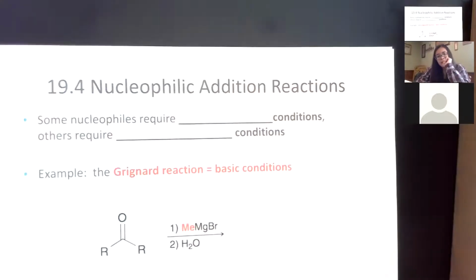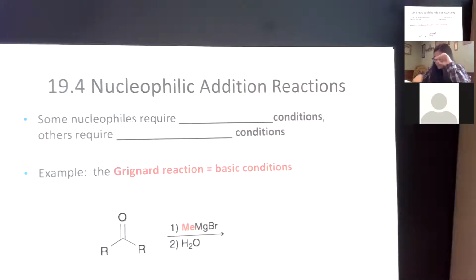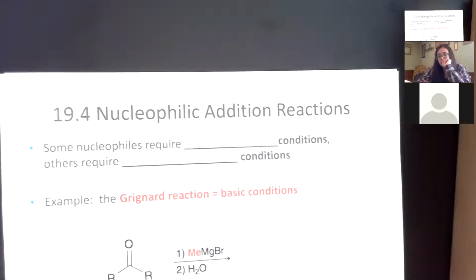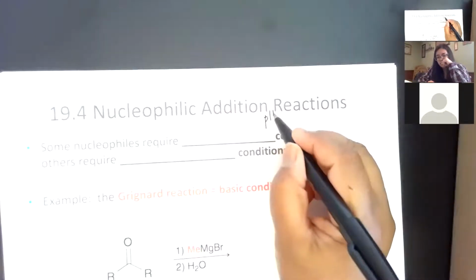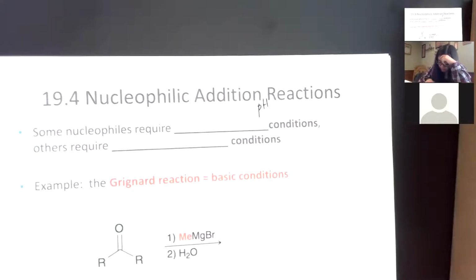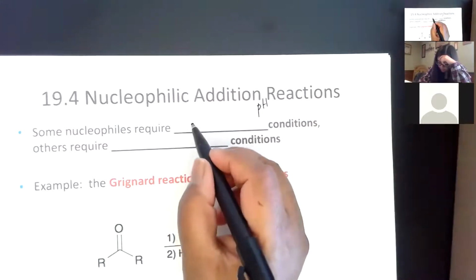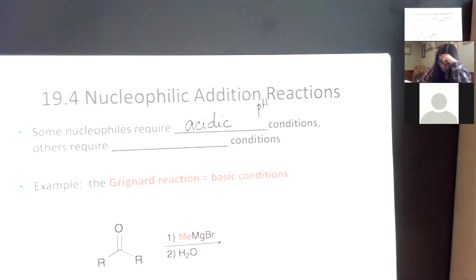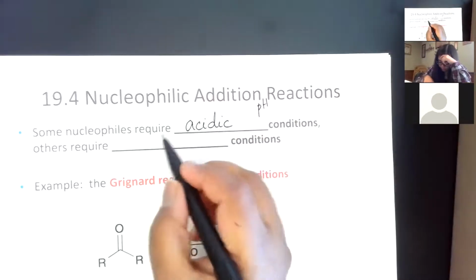So we've established that aldehyde is more reactive, generally speaking. Now, some nucleophiles require, here we are going to look at the pH. What kind of a pH is required? Some nucleophiles require acidic. Of course, when it comes to pH, it's either acidic or basic.